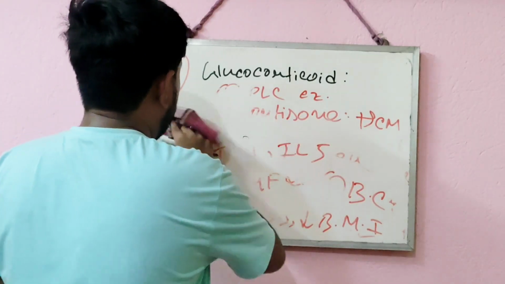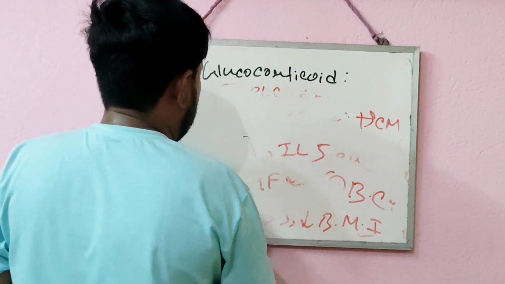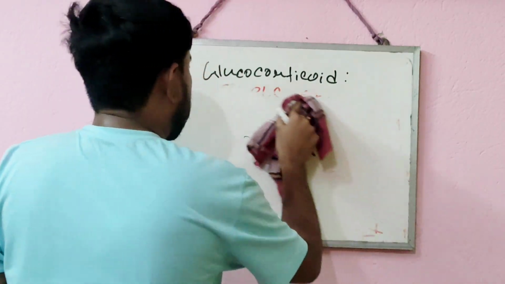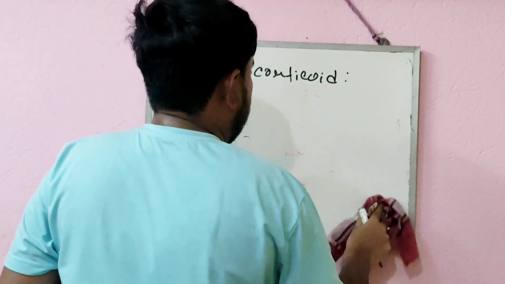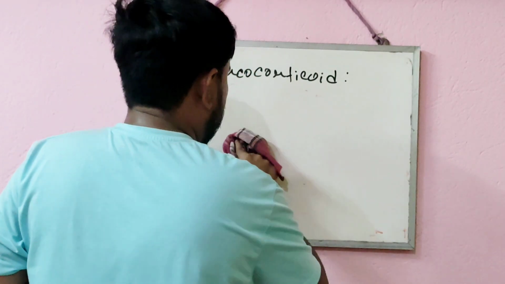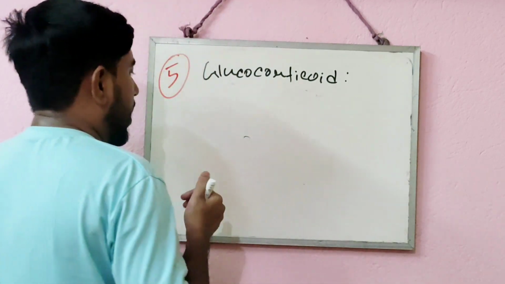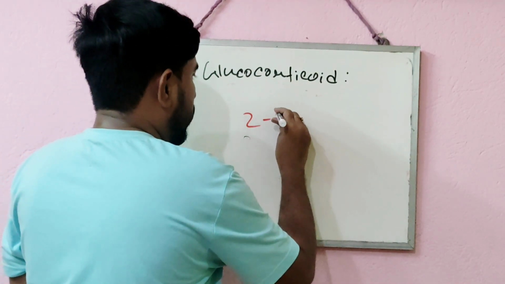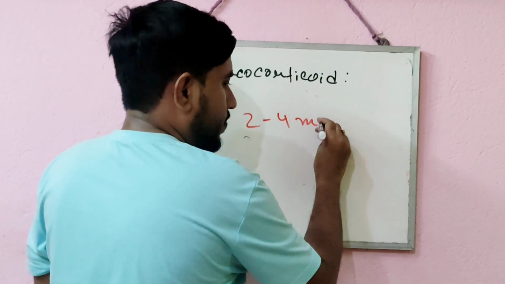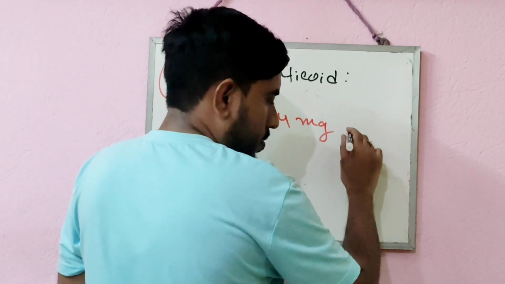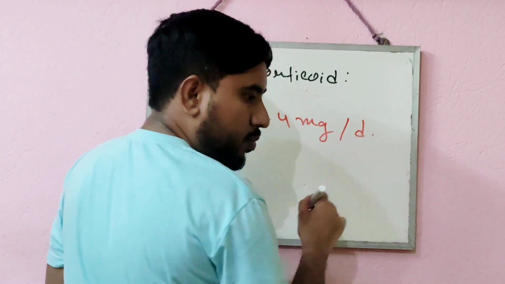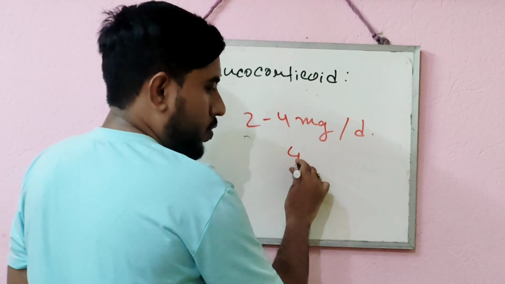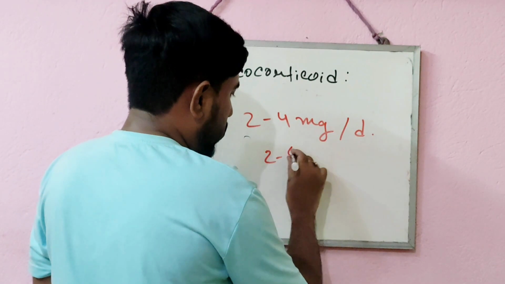anti-asthmatic drug. Now we are going to study the dose, what we have to take in minimum quantity to avoid side effects and to show the desirable anti-asthmatic property to treat asthma. That is 20 to 240 mg per day, but you have to take it in divided doses.